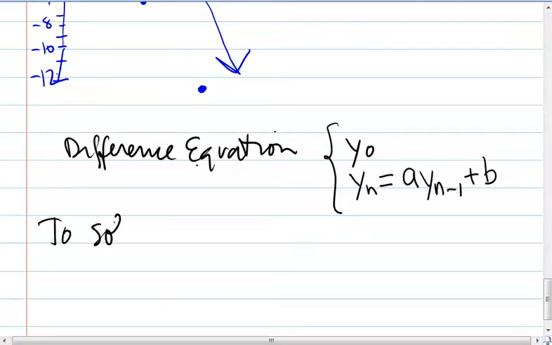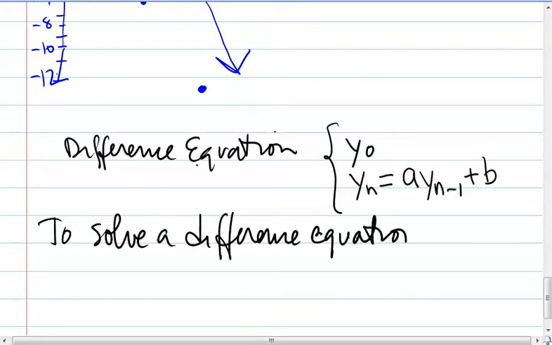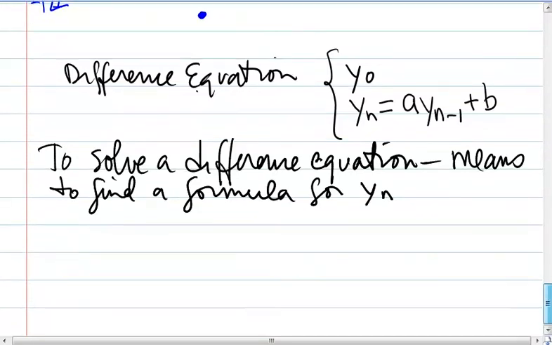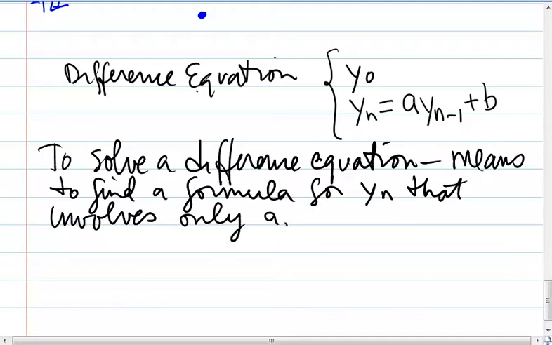And to solve a difference equation means to find a formula for yn, any value of n, that involves only the value of a, b, and n. So we can jump out and find terms without generating the whole sequence and all the terms that come before yn for any particular value of n.